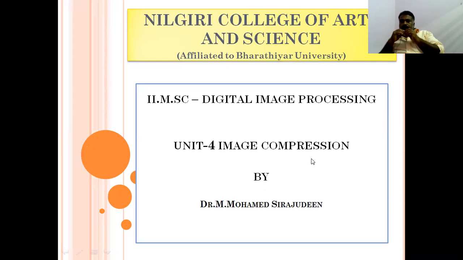The first thing is the fundamentals of image compression, then some of the compression standards, models and methods by using information coding or information theory related to this. Okay, so the name itself gives the meaning: image compression.